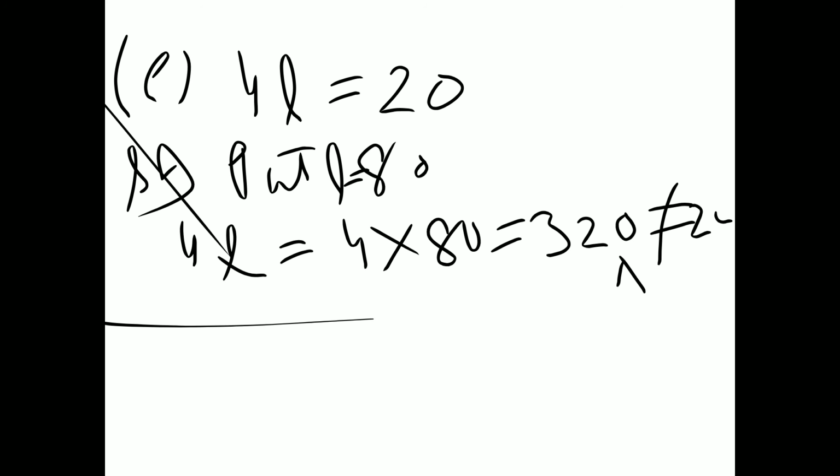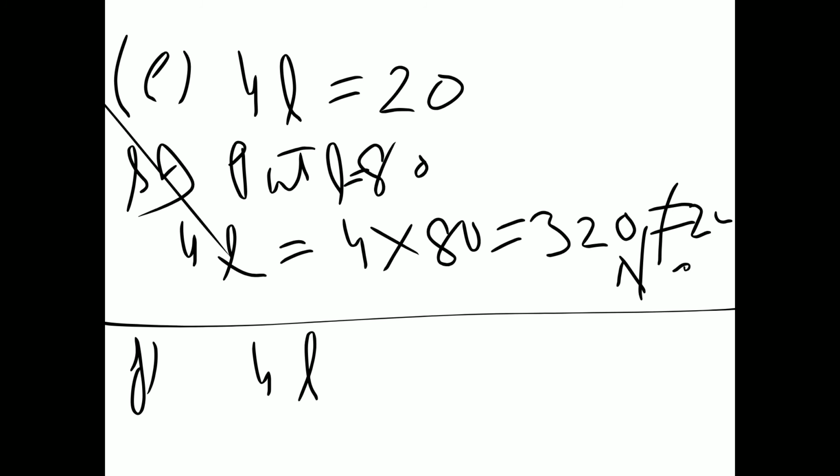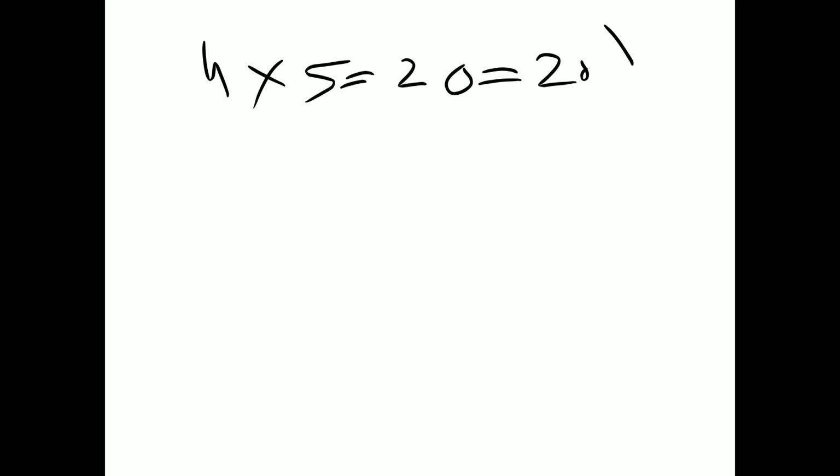Clear? Now we do F part. F part is 4L is equals to 20, and this time you have to put L as 5. So 4 into 5 is equals to 20, which is equals to 20. The answer is yes.